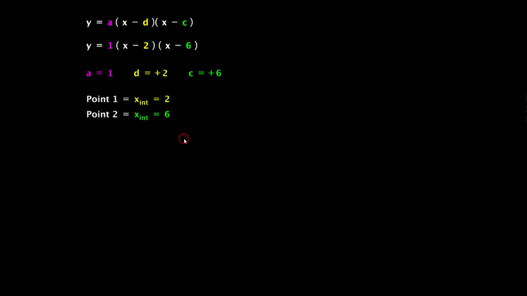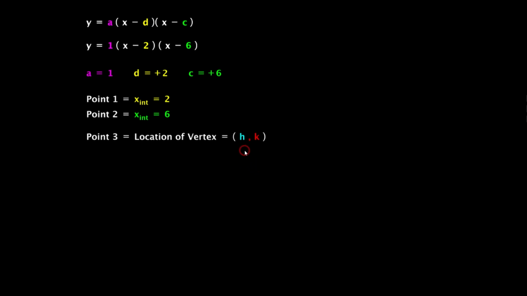Next we are looking for the vertex. The vertex is the point which is in the middle of the two x-intercepts, and that's the x value of the vertex. So point 3 is the location of the vertex, which is, if we had the vertex form, x minus h whole squared plus k, h and k are the vertex values.